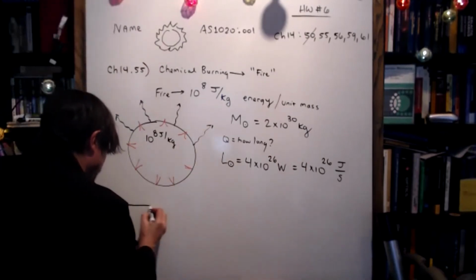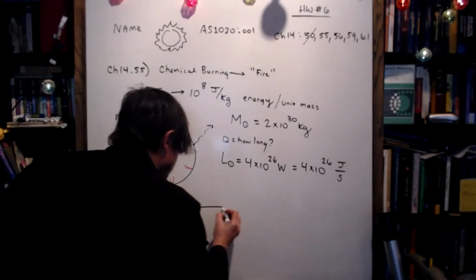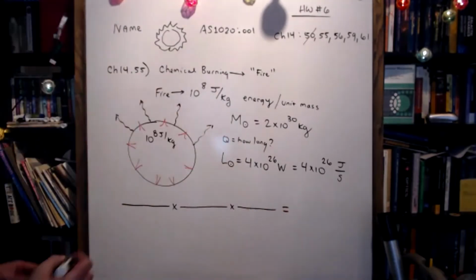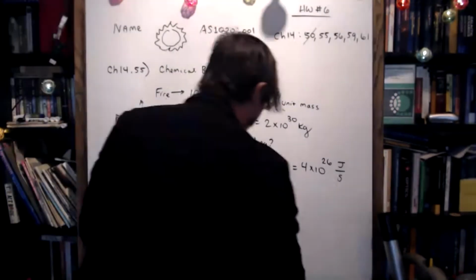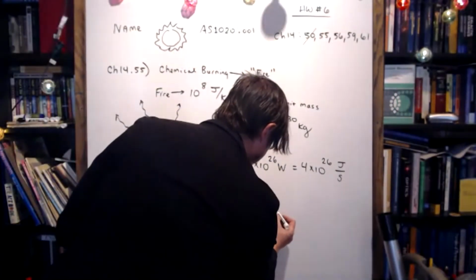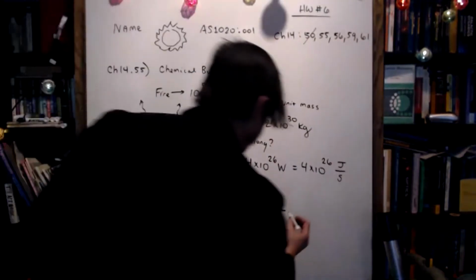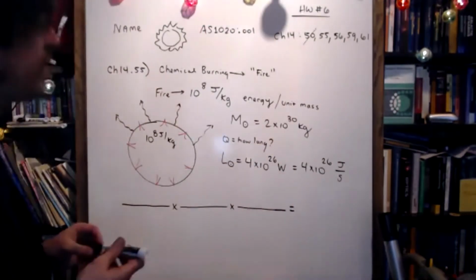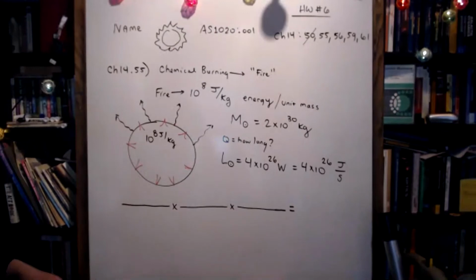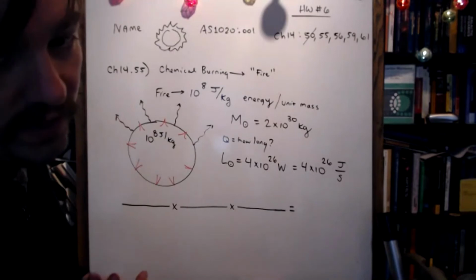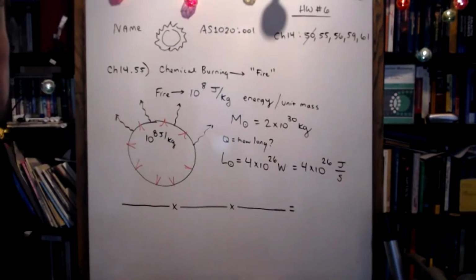So we're going to set up some division bars, and we're going to get to our final answer. And what units do our final answer want to have? This is like a game, all right? Let's think in terms of units. When I get my final answer, what units do I want that answer to have?